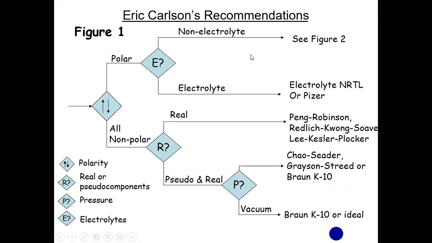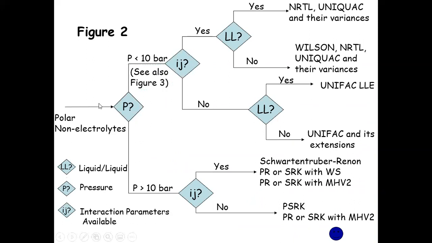If there is a non-electrolyte and they are polar, then we can treat it as polar non-electrolyte. If the pressure is greater than 10 bar, you need to go with SRK, Peng-Robinson, or these, if the interaction parameters are available. Okay. If they are not available, then you can go with the modified SRK or other equation.